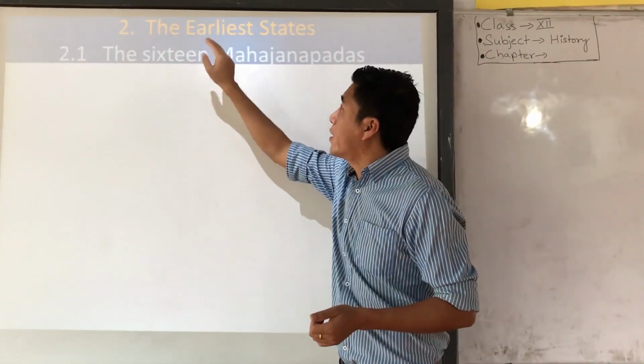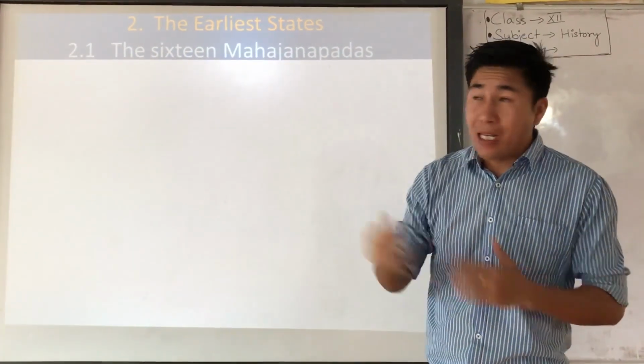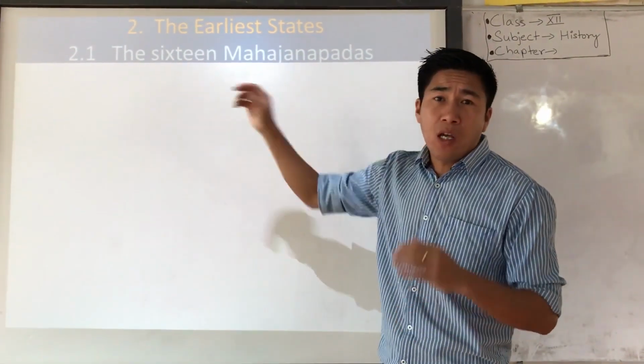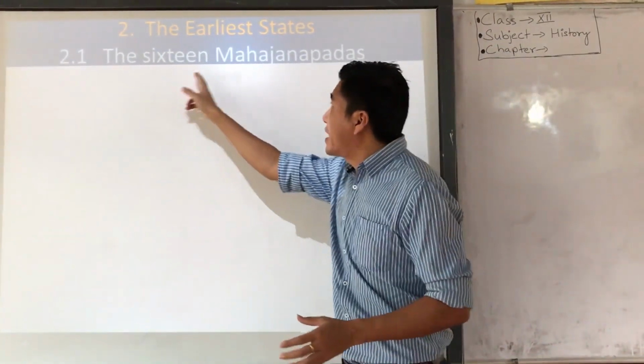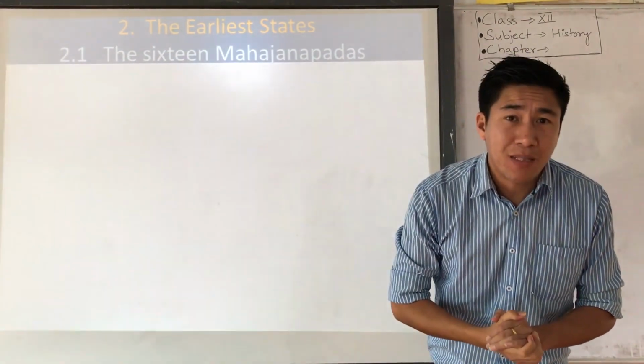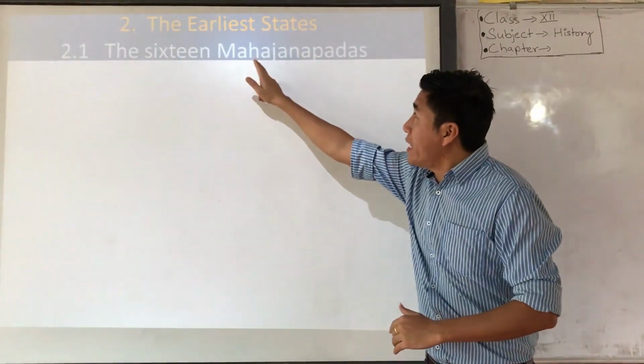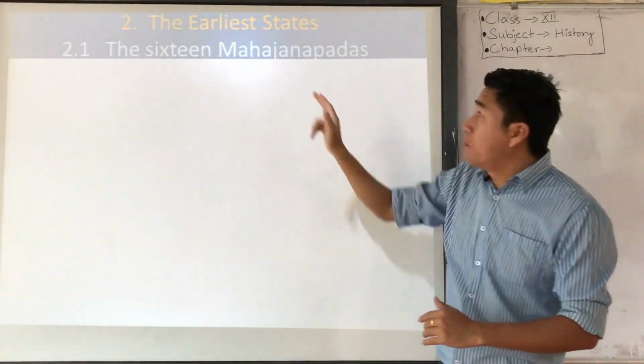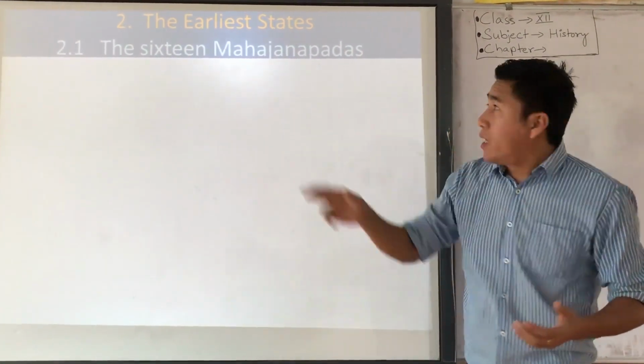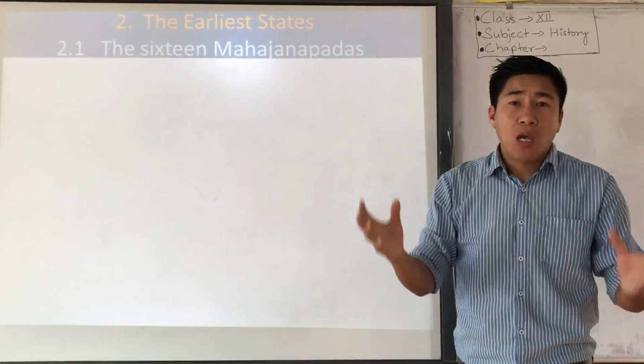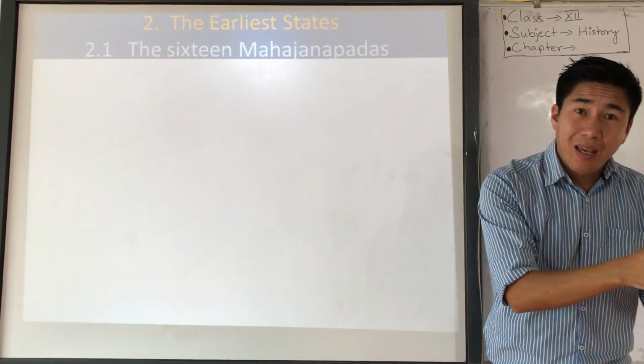Now, the second point in this chapter we are going to discuss is the earliest states. Inside this point 2.1, we are going to study the 16 Mahajanapadas. Jana means people, and pada means settlement, a place where people used to stay.